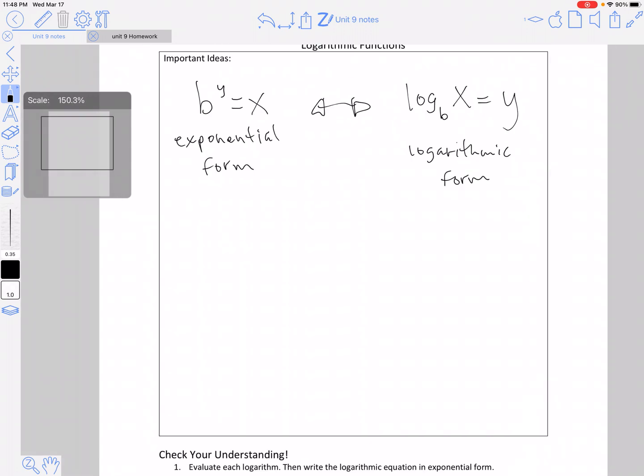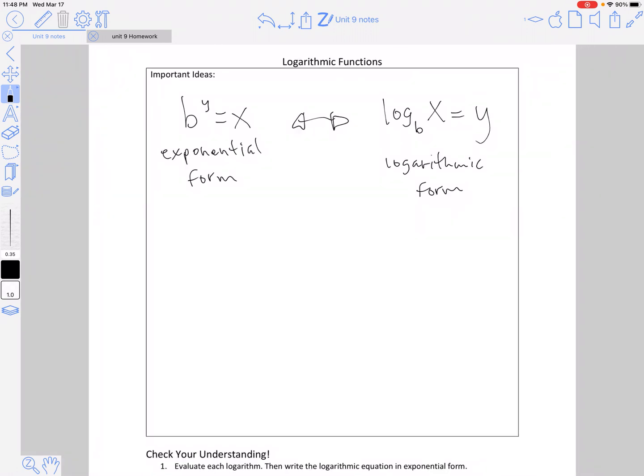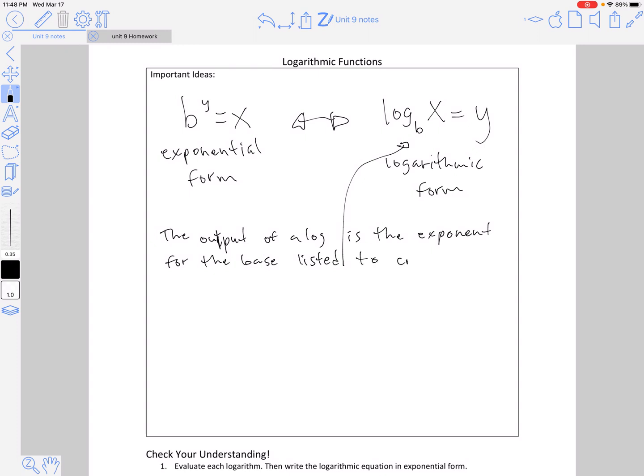Okay, so back up to our notes. Just to reinforce that, that's what we're doing there. So try to put this in your own words, but what I want you to think about is the output of a log is the exponent for the base to create a certain value, right?